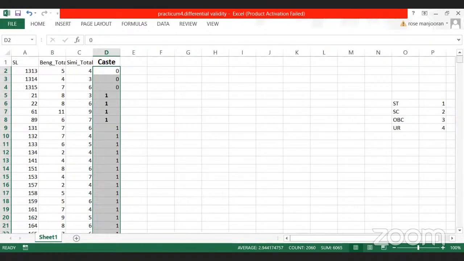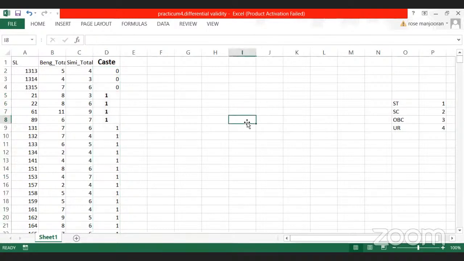Now what we are going to do is we have to write caste 1, sorry, here, I'll write here, caste 2, caste 3, caste 4.